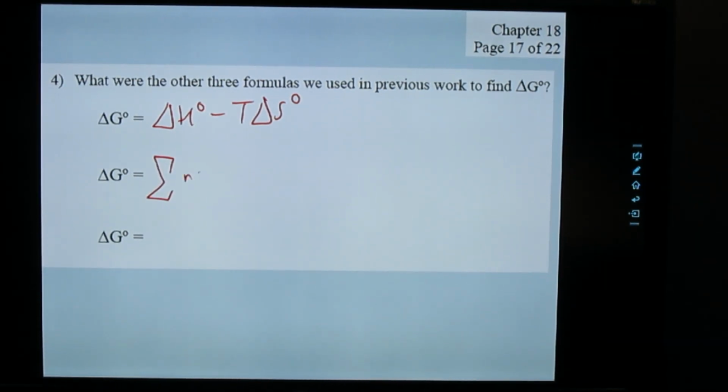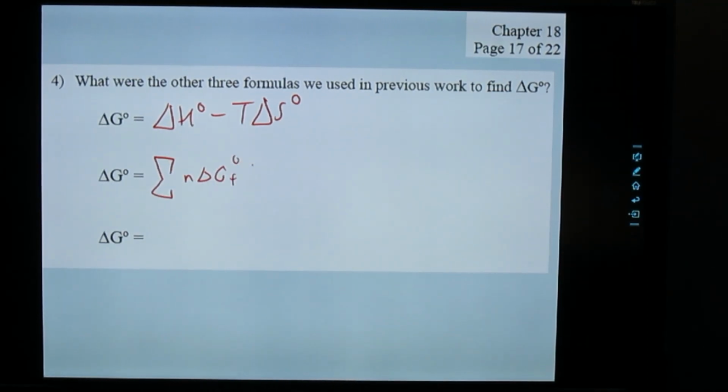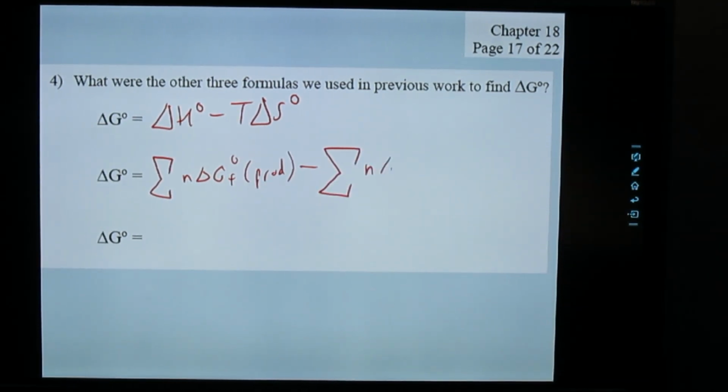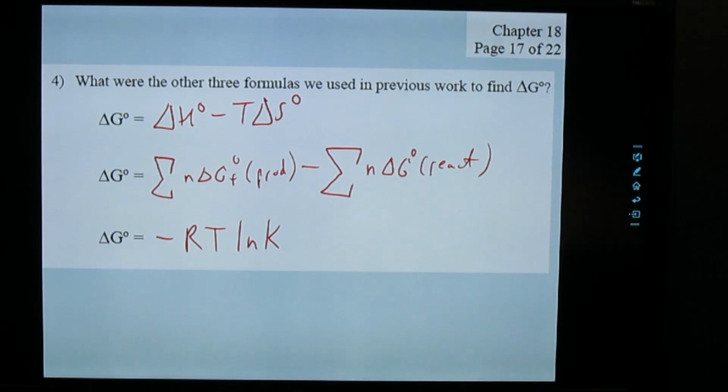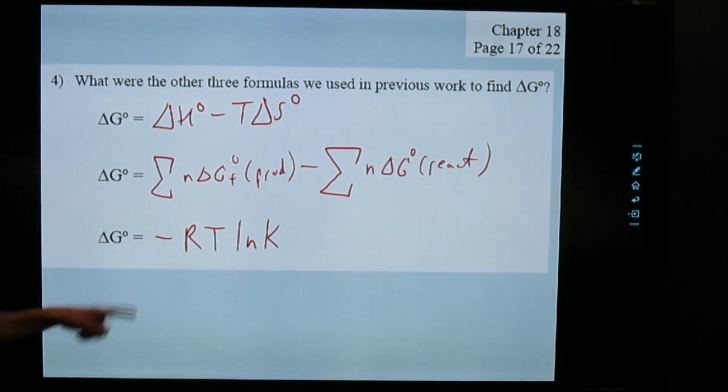This is the summation of the formation of all the products minus all of the reactants. And then there is the other method, RT ln K. So those were the 3 methods we used earlier. Now we have a 4th tool in the toolbox because we can use minus NF E naught cell.